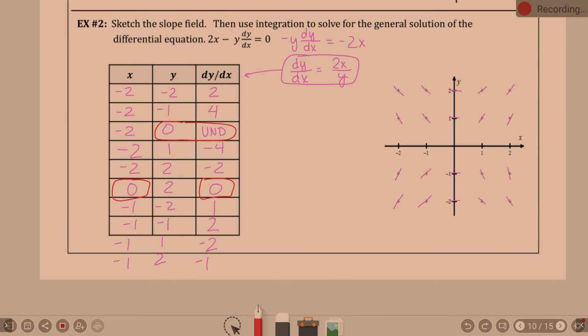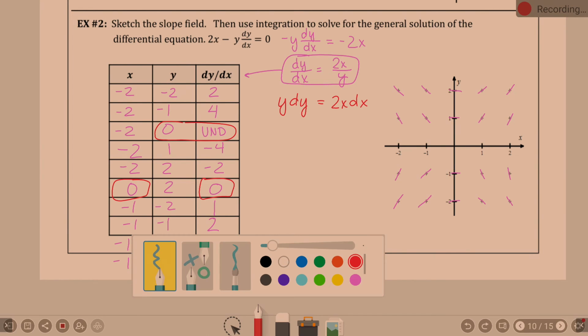Can I do this all in one step? If I multiply y to the left, I'm going to have y dy. If I multiply dx to the right, I'm going to have 2x dx, yes? Works out nicely.